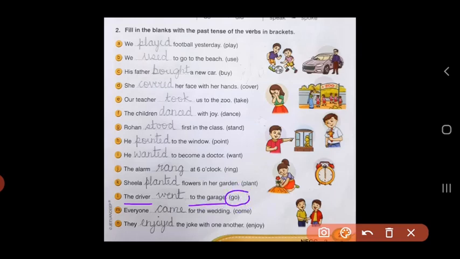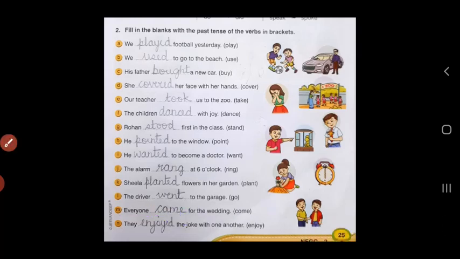Go. Past tense of go is went. M. Everyone dashed for the wedding. The verb is come. Past tense of come will be came. Everyone came for the wedding.